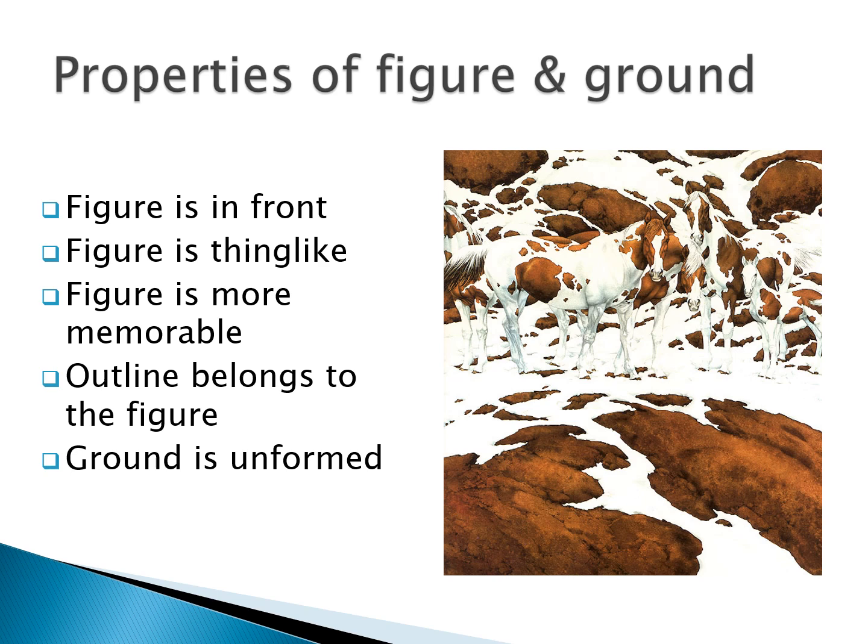The outline belongs to the figure, and the ground is more unformed. You can see this very clearly in this picture if you're looking at the horses in front and you start to see a few extra legs, and then you see a horse pop out from what was the background. It was unformed ground, and then it popped out as the figure, similar to how we saw those faces pop out of the forest picture.